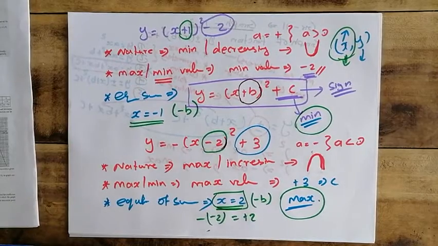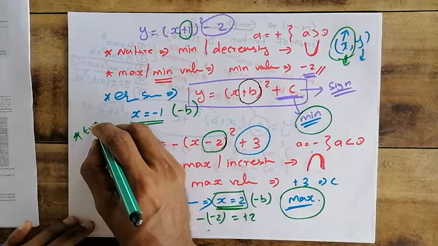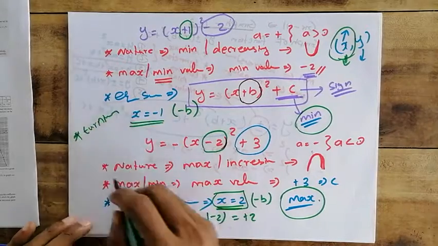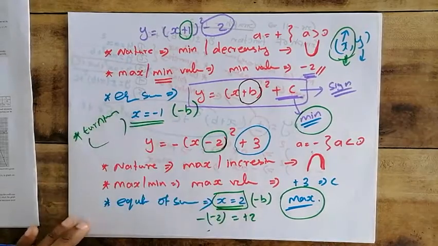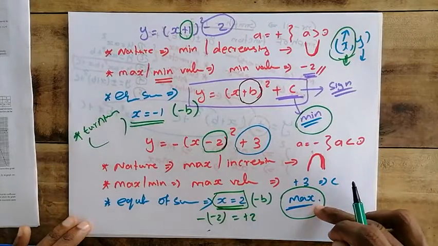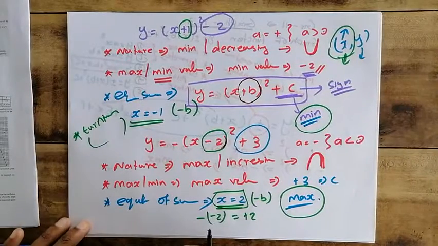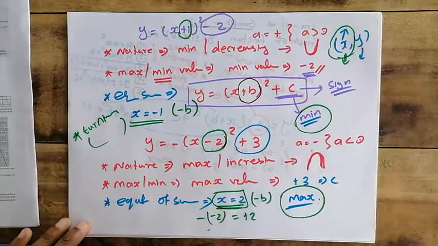Okay. Now we've got the last point. What is the last point? The turning point. Okay. What is the turning point? The minimum or maximum value is the turning point's y coordinate. The symmetry axis is the turning point's x coordinate.